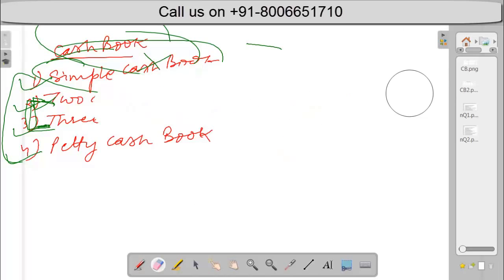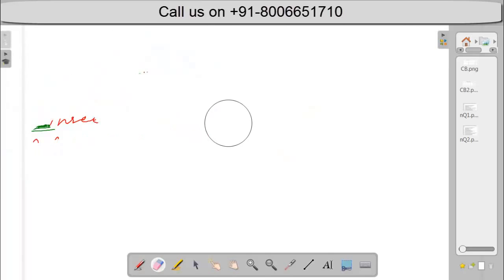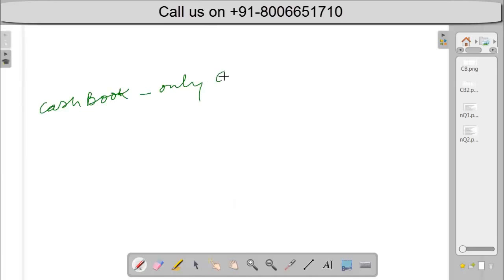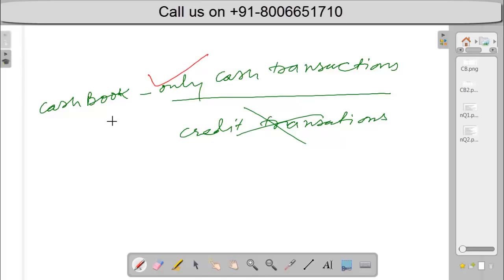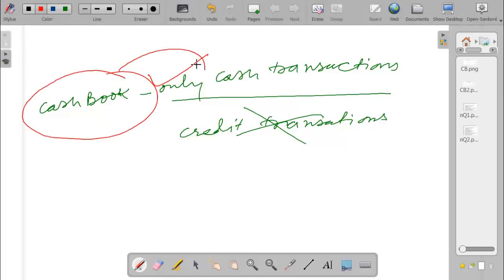Now, the cash book. The name is sufficient. In the cash book we will record which transactions? Only cash transactions.